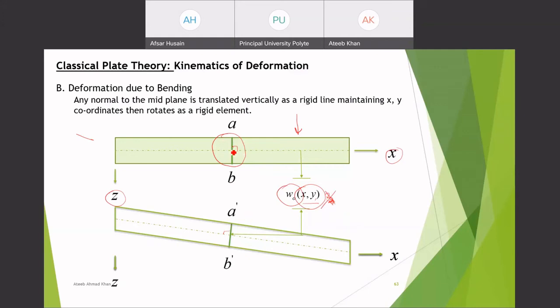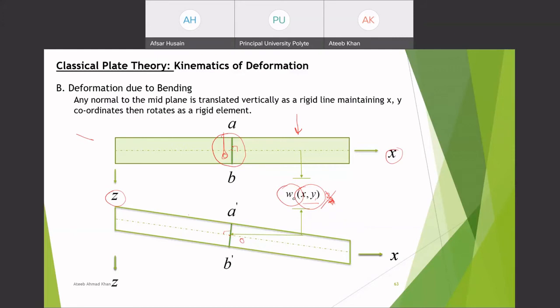But if I call this point o, your transverse normal is getting rotated about this point o. So in two steps the deformation is taking place.